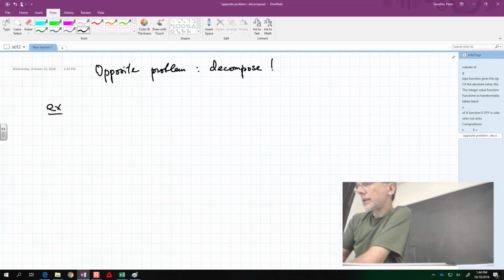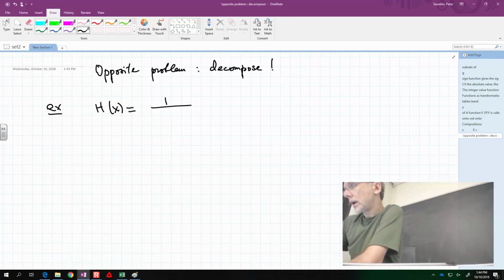So let's say my function h of x is 1 over x cubed plus 1.